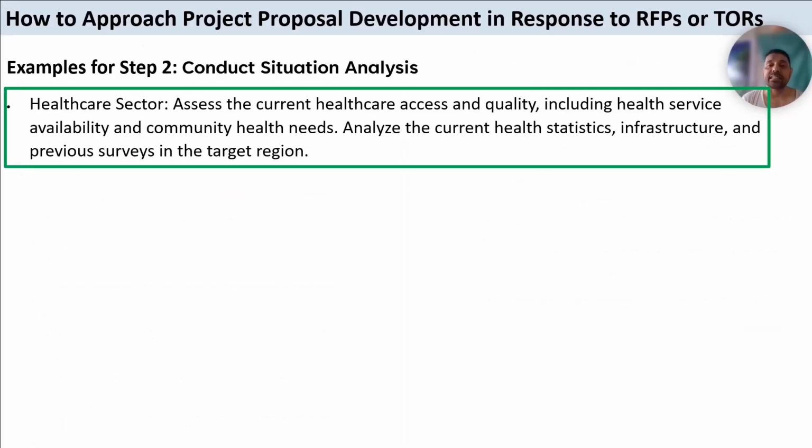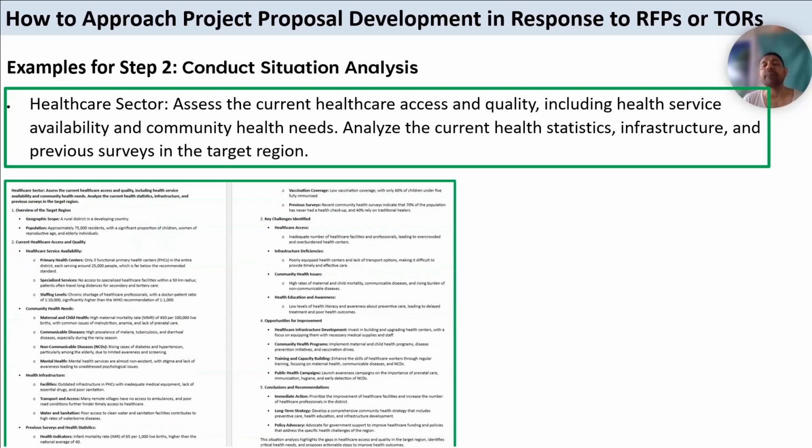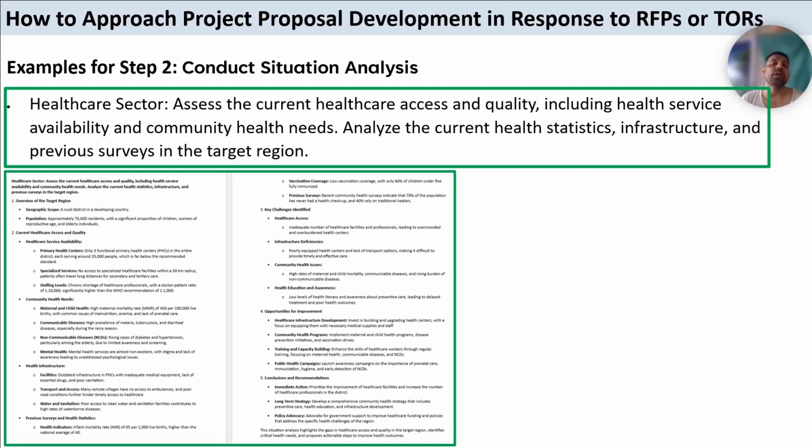In the health sector, it could be to assess the current healthcare access and quality, including health service availability and community health needs. We will need to analyze the current health statistics, infrastructure, and previous surveys in the target region related to that project objective or project goal.